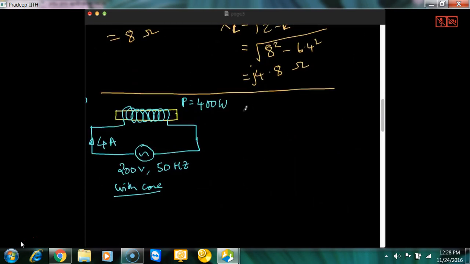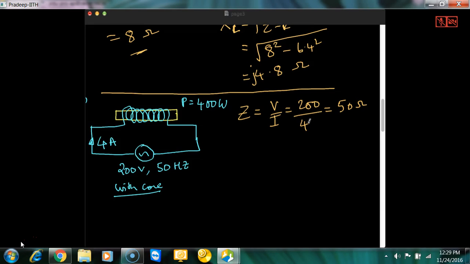So what is impedance? So the impedance is V by I. So 200 voltage was same, but the current reduced to 4. So now the impedance is 50 ohms. So earlier impedance was only 8 ohms. Now suddenly impedance jumped to 50 ohms because of the introduction of the core. As I said, when you introduce a core, it will increase the inductance.